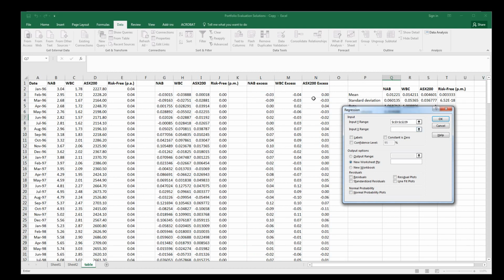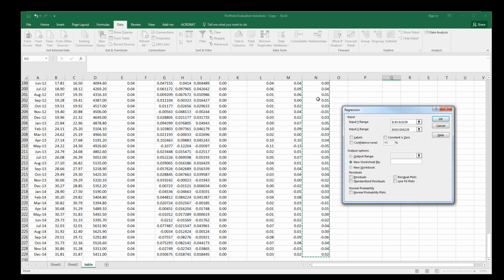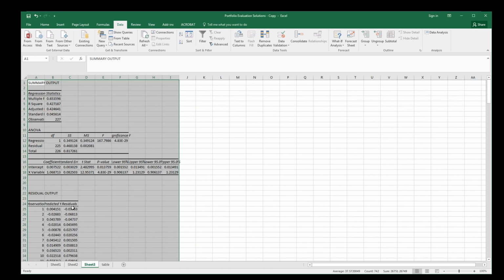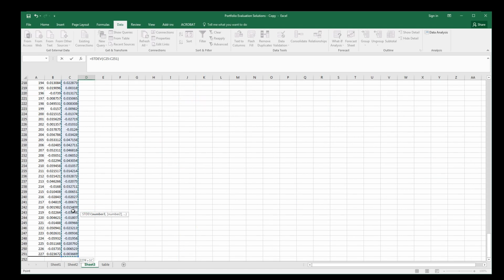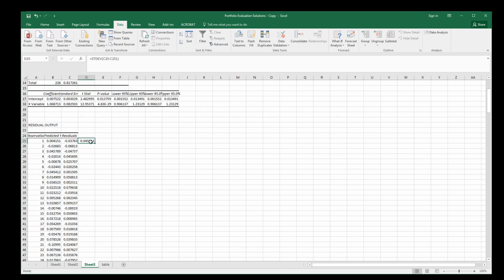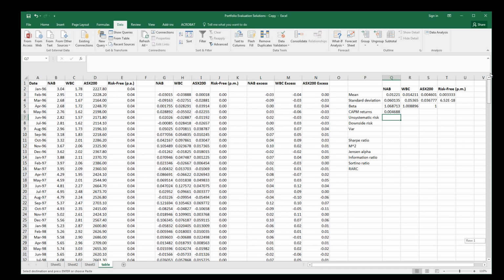Then we select X, that's the return from the market. We select residuals. So you can see we get a long list of residuals. We need to get the standard deviation of that. Shift Control down arrow once again. So here is the standard deviation. This is basically the unsystematic risk.